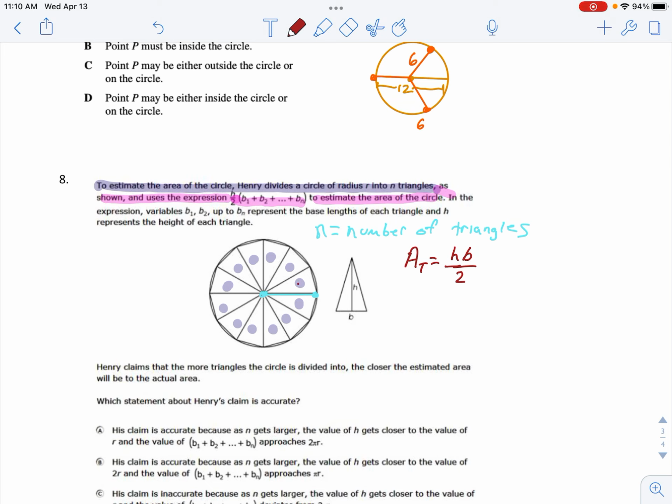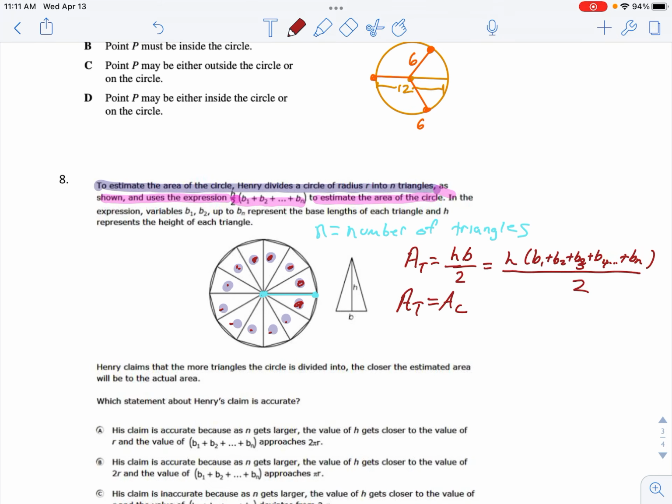Since we have a number of triangles, it's really just going to be the sum of them all: a base plus another base plus another base, dot dot dot. It counts for that triangle, that triangle, and so on, and they're saying the area of all the triangles combined is going to roughly equal the area of the circle. That's what they're getting after.